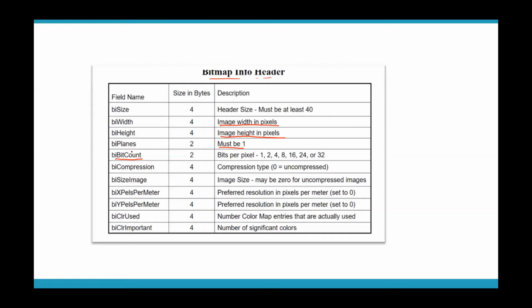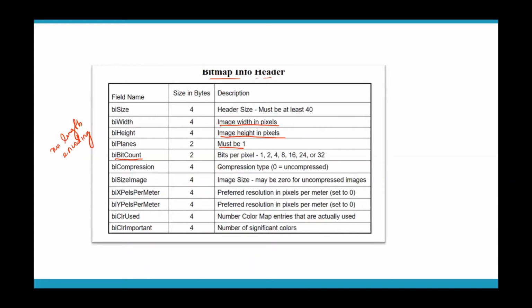That is another field. Then compression. Okay, normally bitmap images are uncompressed, even though they can support run length encoding. So the compression type is normally set to 0. So there's a field which will tell you whether your image is compressed or uncompressed.